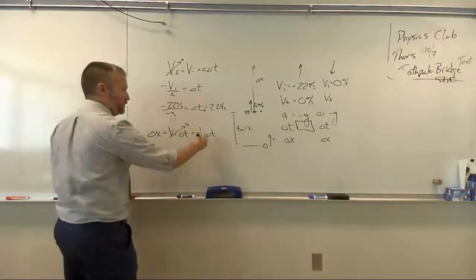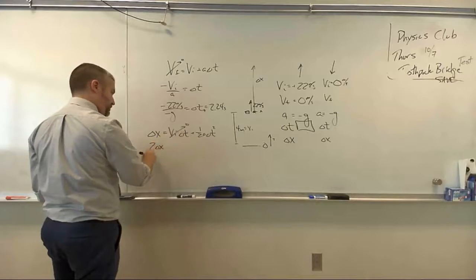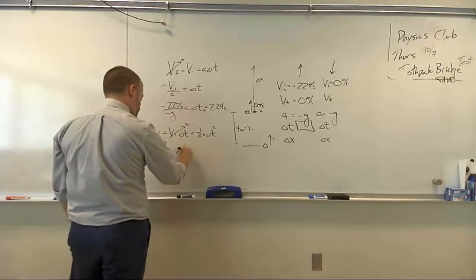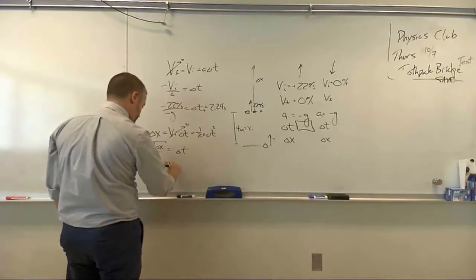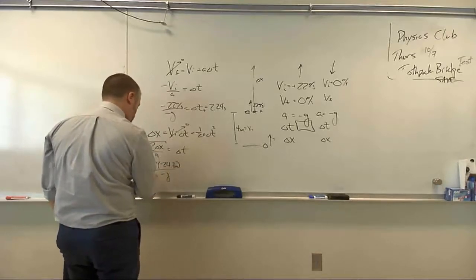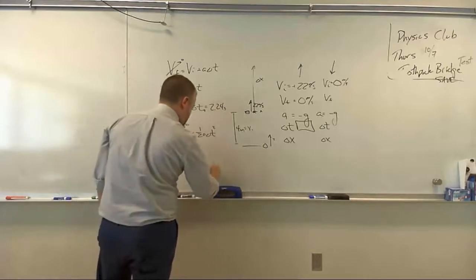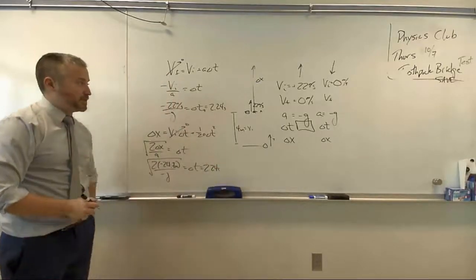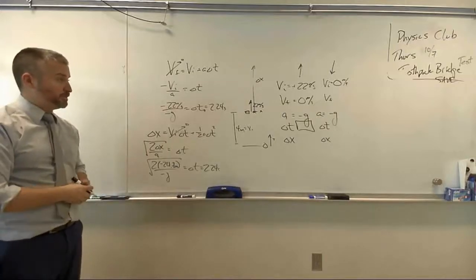And we're trying to find delta t squared. So delta t is the square root of 2 times that divided by a. So 2 times negative 24.7 meters over negative g, square root. And actually, if you calculate this, it also ends up as 2.24 seconds. Add those two together, and you can get the total time.